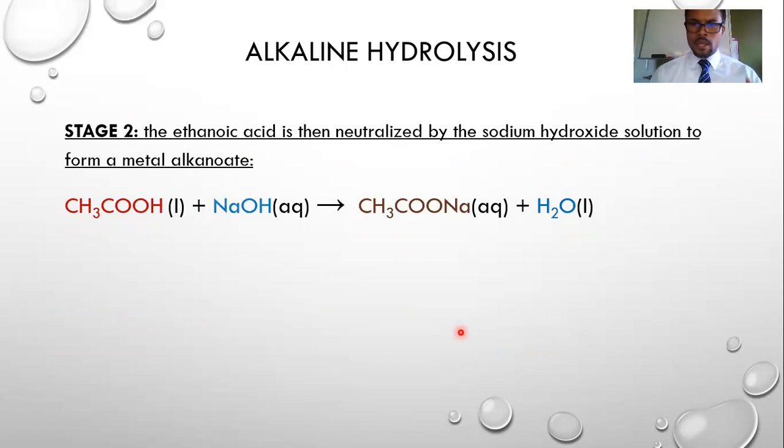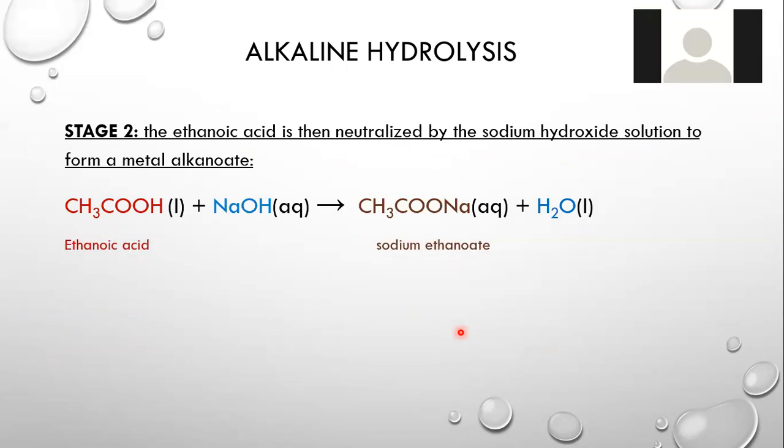So what is going to occur between the ethanoic acid that was formed in the previous stage? The ethanoic acid now present is going to react with the base that is there, which is the alkaline sodium hydroxide. So the sodium hydroxide is going to react with the ethanoic acid to form a salt.